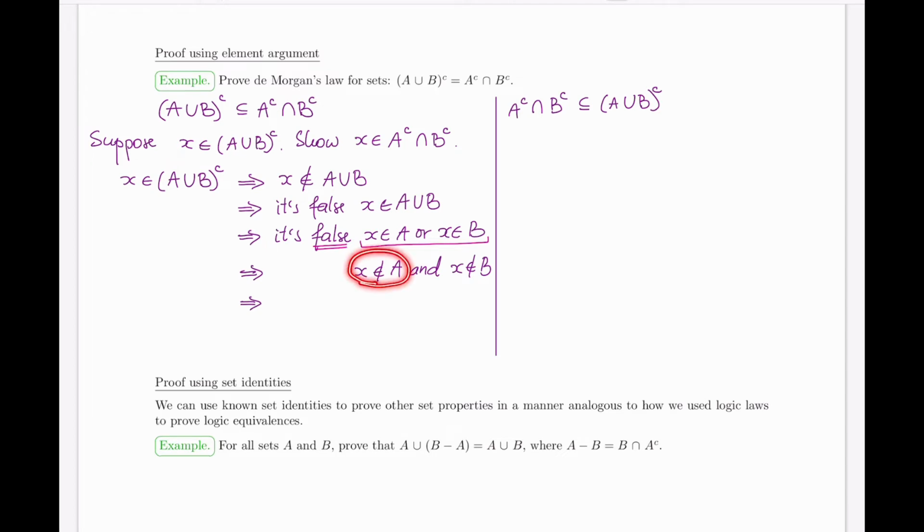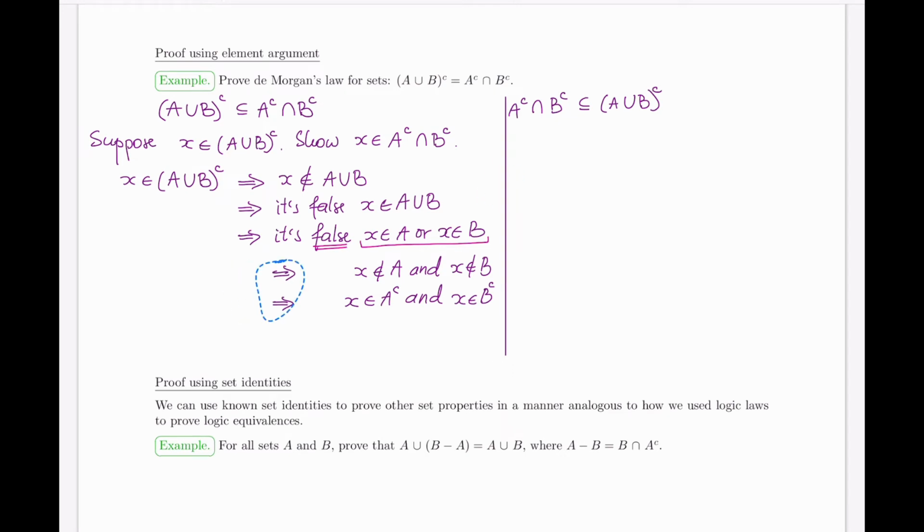So X not belonging to A means that X belongs to the complement of A, and X not belonging to B means that X is in the complement of B. Okay. So what do we have now?